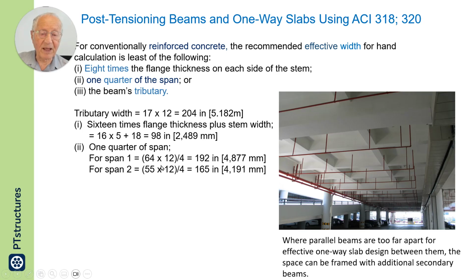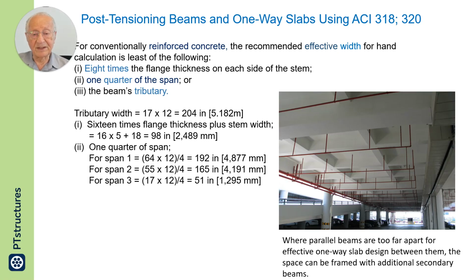for different spans, the width will be different because the spans are not equal. So span number 1, span number 2, span number 3, I have determined the quarter of the span, which is one of the limitations of the prescriptive design method, and that is what I am using. I'm following the letter of the code here, not engineering mechanics.